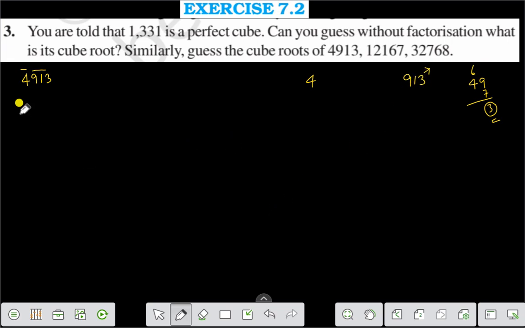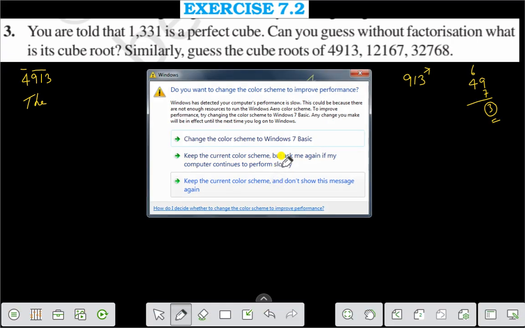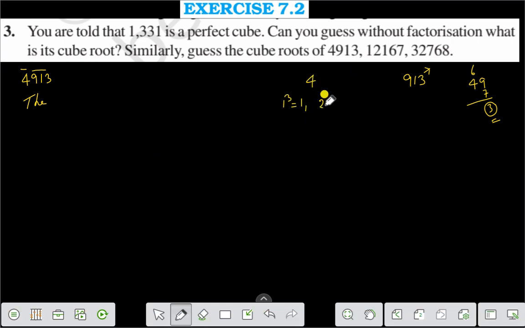Now take the first group, which is 913, and here the other group is 4. 4 lies between 1 cube and 2 cube. 1 cube is equal to 1, and 2 cube is equal to 8.